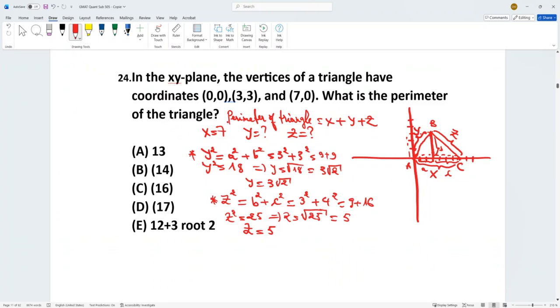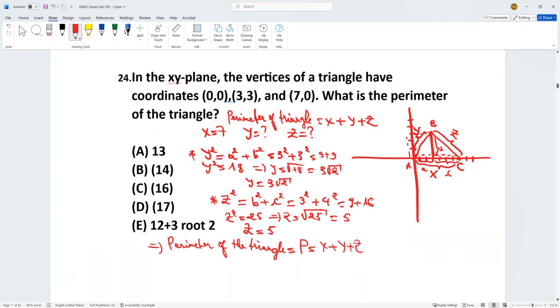So now the question is to find the perimeter of the triangle. So the perimeter of the triangle, P, is equal to x plus y plus z.